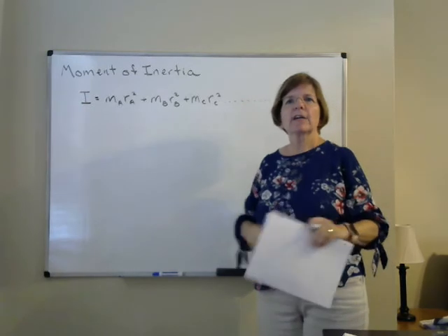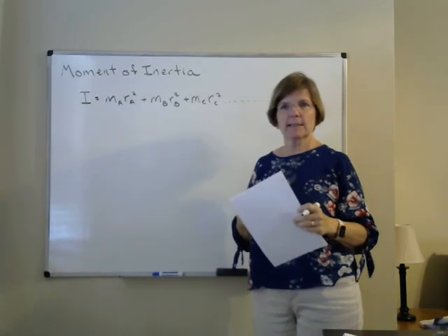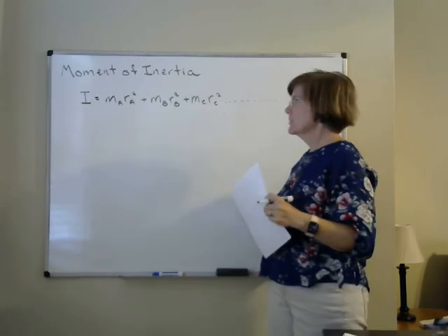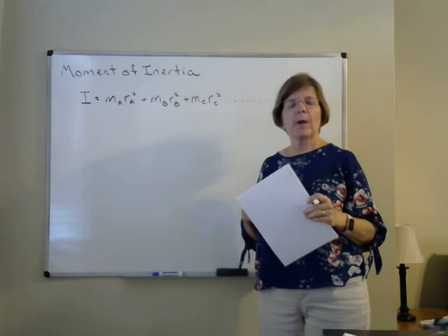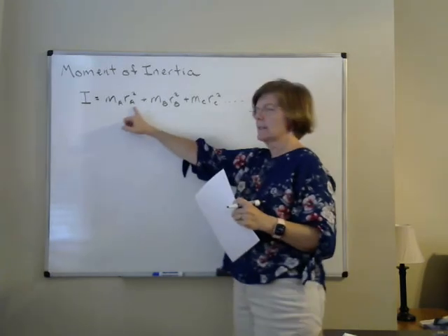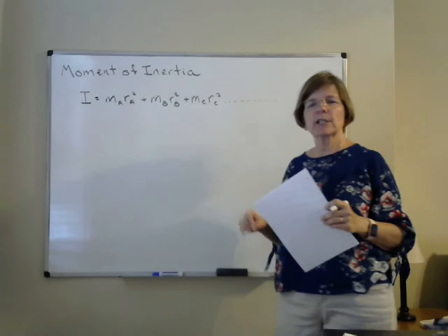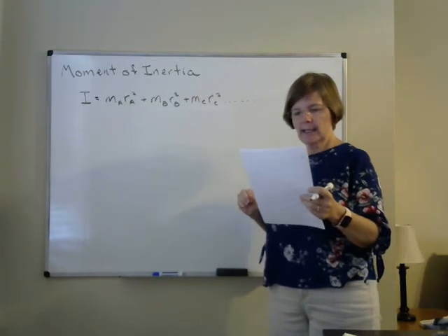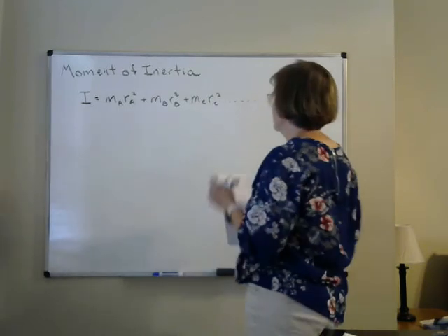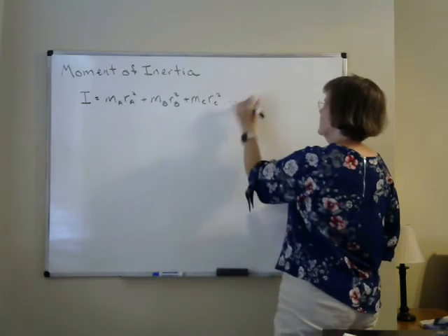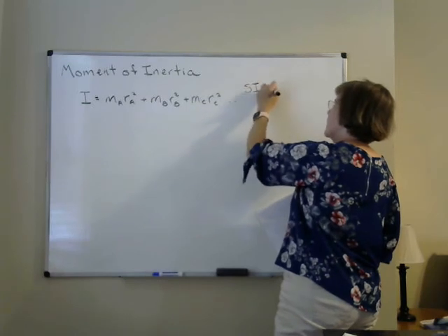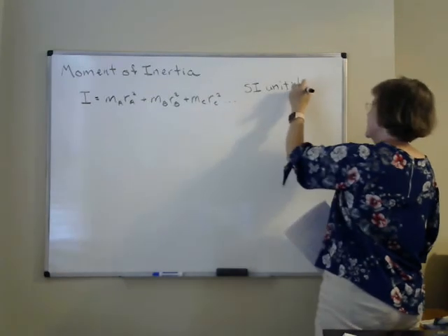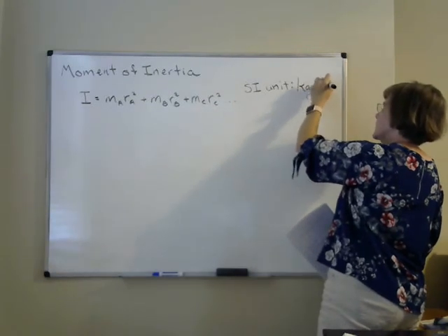So you could have hundreds, if not thousands, of point masses that make up this solid object, okay? Notice as mass gets farther away from the center of rotation, because this r is the distance to the center of rotation, the moment of inertia for that particular particle of the mass increases. Obviously, we get an SI unit. That looks like kilograms, that's for the mass, times meters squared.